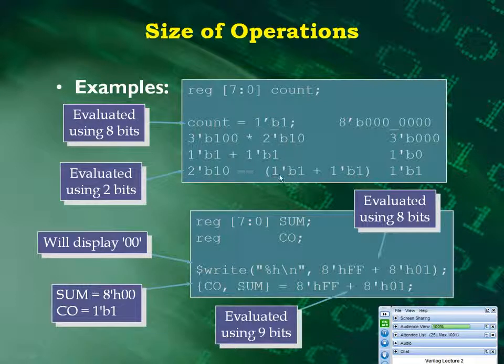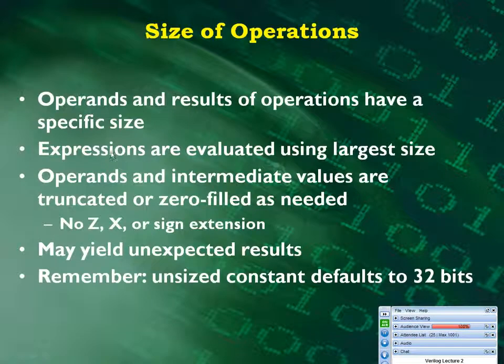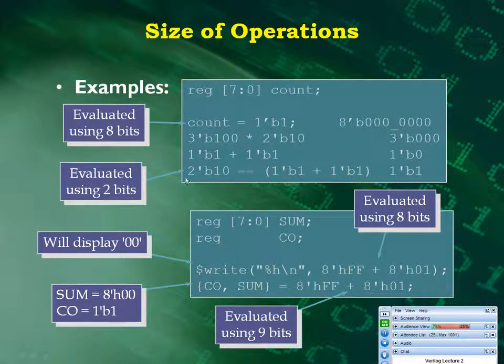Now this one's a little different, I believe. Let's take a look at it. Okay. Now the evaluation, remember, let's go back again here. Expressions are evaluated using the largest size. The largest size here is 2 bits. The largest size here is 1, but since we're using 2 bits, the evaluation is going to be based on 2 bits.